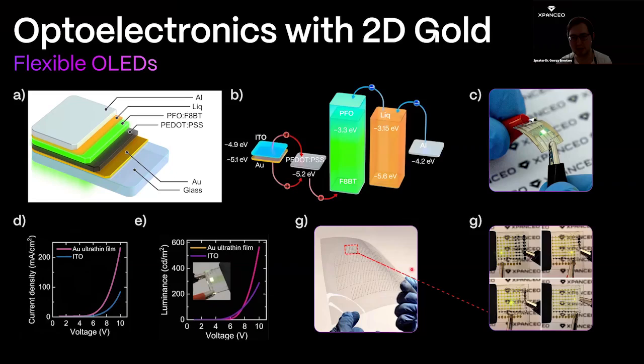And you can see it's a very scalable technology, so we can make an array of these OLEDs on a large scale, very flexible, and ignite each OLED by applying voltages. And also it could be used, for example, in thermal camouflage.